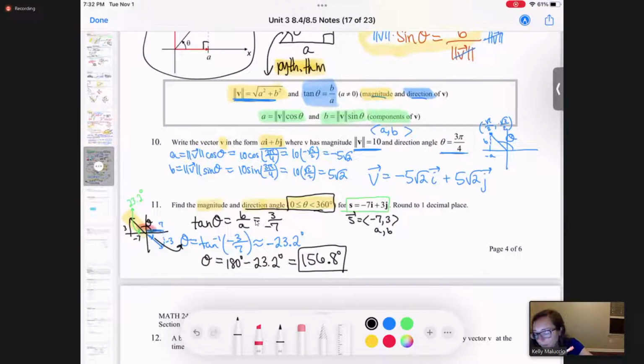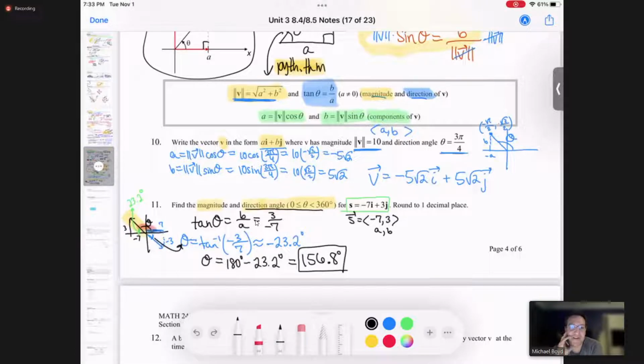Since we have to use the inverse of tangent, isn't the inverse of tangent restricted to like 0 and pi? Yeah, so it is. It's 0 to pi or -pi/2, probably, that's what I think it is.